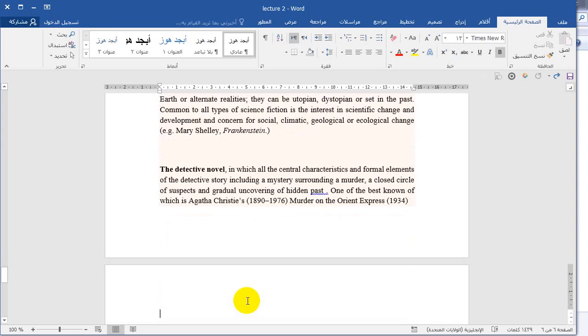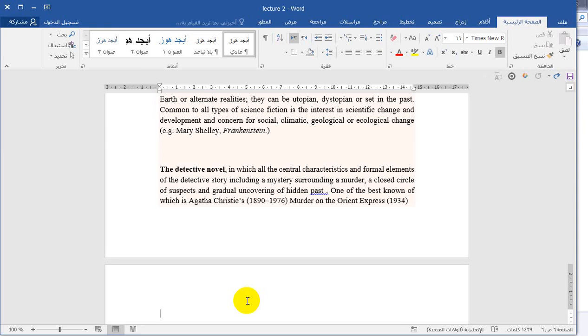Detective story, or detective novel as we also call it, is built on crime, and we have a criminal and a victim. We have a crime, we have a person who commits this crime, and we have a policeman or investigator.